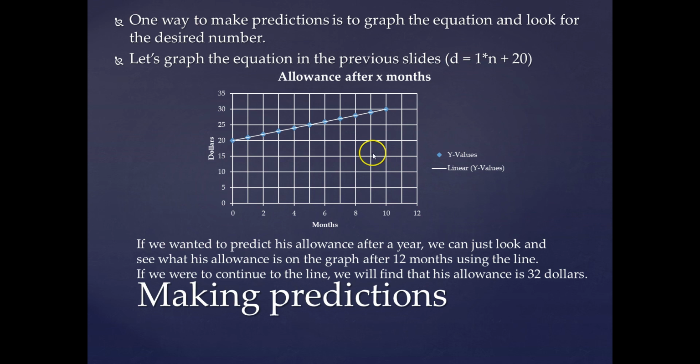So right now this line is only for 10 months, but let's just continue this line. We would find that at 12 months his allowance is right here. The scale is not exactly the best, but if we were to continue the line, we would find that his allowance is $32.